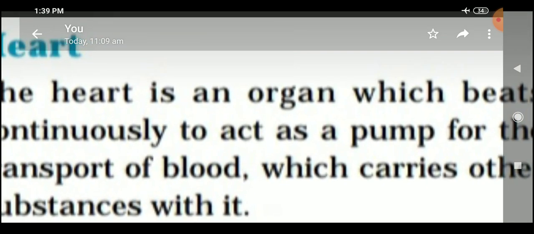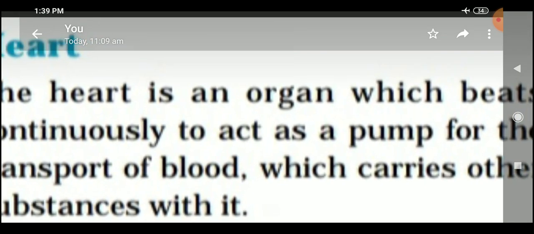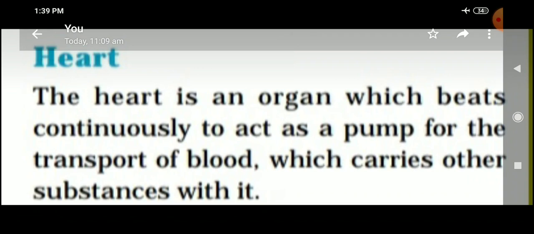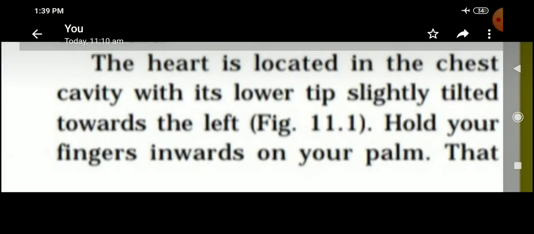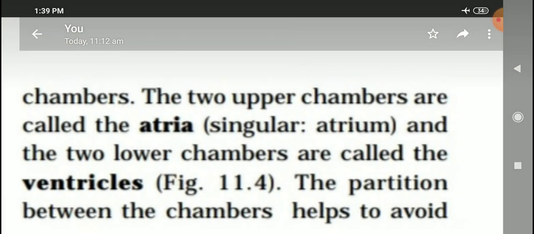All of you see, the heart is a muscular organ. Its main function is transport of blood. Then the heart is located in the chest cavity. Then the heart has four chambers. The two upper chambers are called atria.